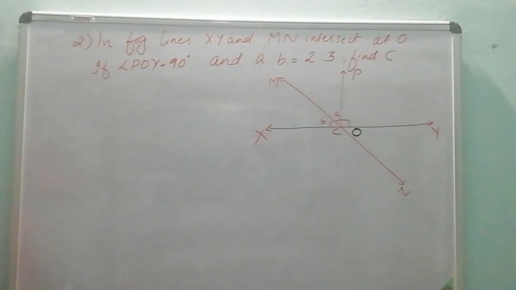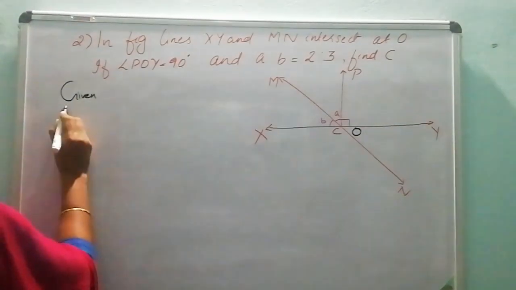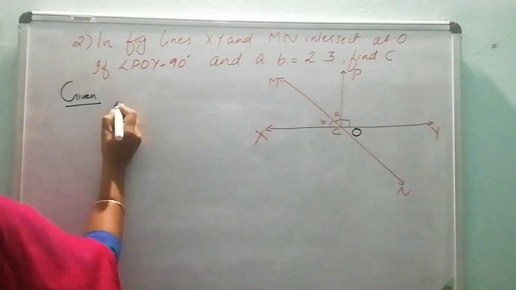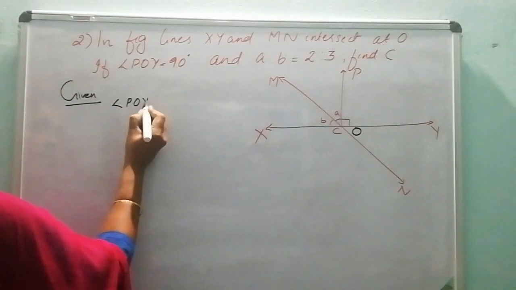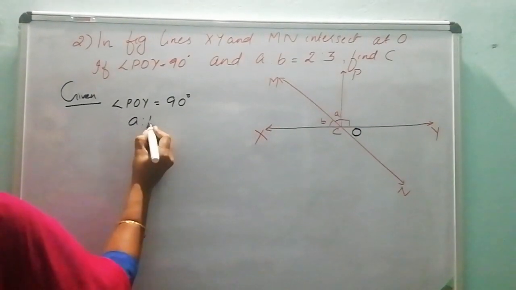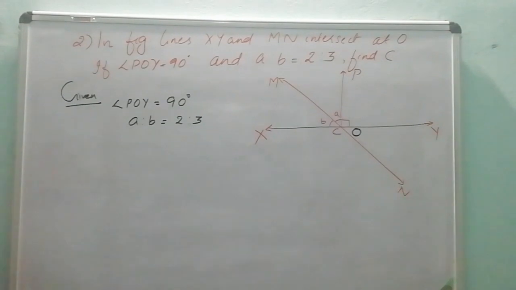Okay, first step what you have to do? Given. What all things are given there? First you have to write down the given statement, that is given angle POY is equal to 90 degree. Then A is to B is equal to 2:3.